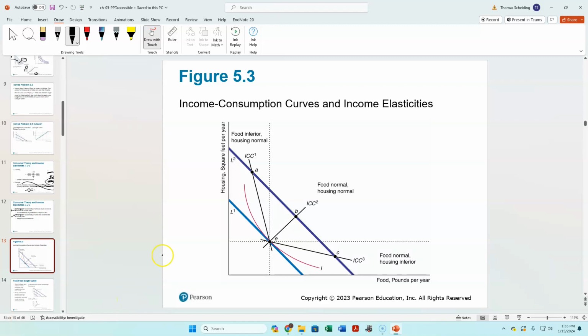In this case, if both the good on the x-axis and y-axis are normal goods, then my income consumption curve will be going somewhere in this space here. If the good on the y-axis is inferior, then it's going to be below, pivot downwards. And if the good on the x-axis is inferior, then it pivots upwards.